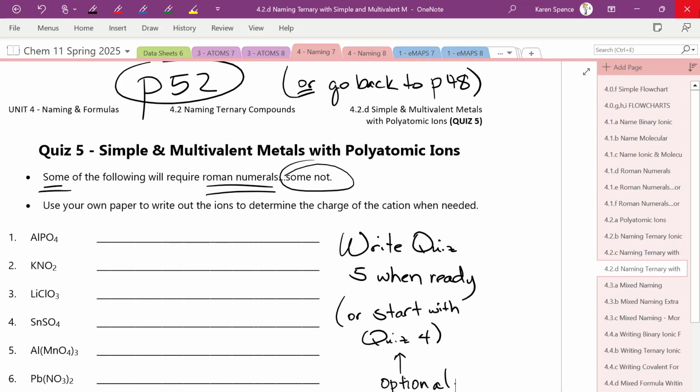Does anybody need a periodic table? Periodic table.